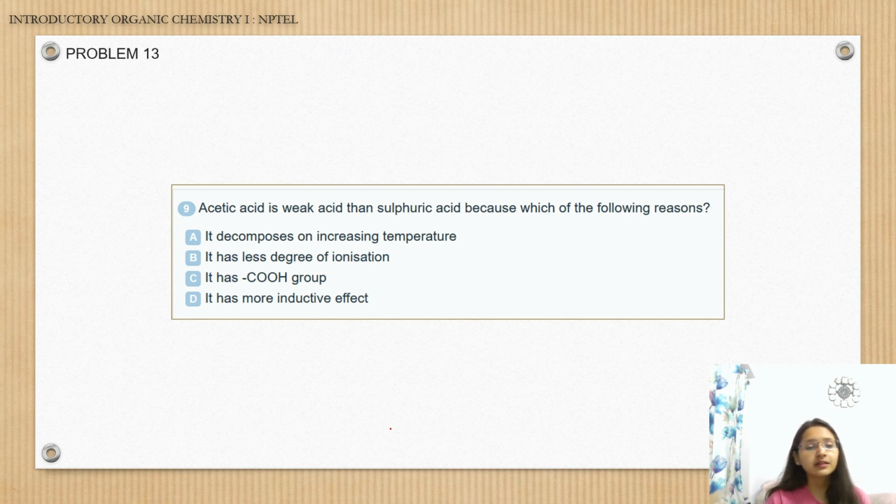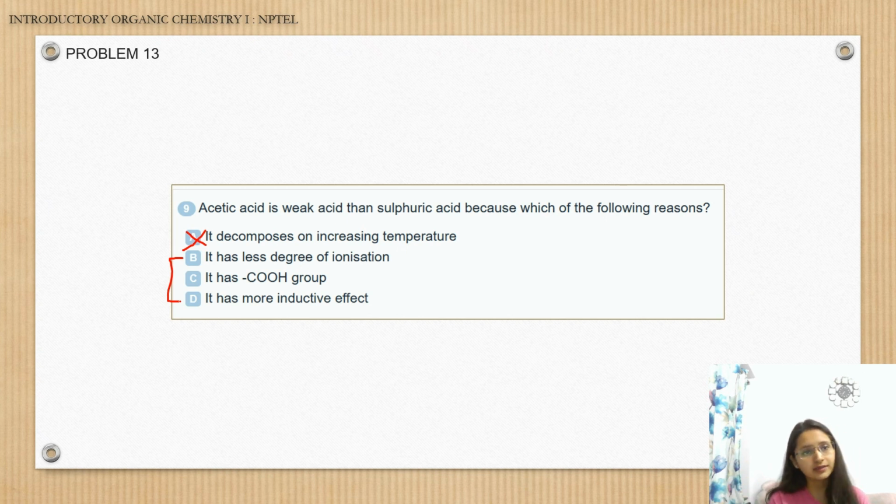Option A is it decomposes on increasing temperature, B is it has a lesser degree of ionization, C is it has a COOH group, D is it has a more inductive effect. Option A is eliminated because acetic acid doesn't decompose on increasing temperature. So you have to figure out whether in B, C, D, which could be the possible reason for acetic acid to behave as a weaker acid than sulfuric acid.